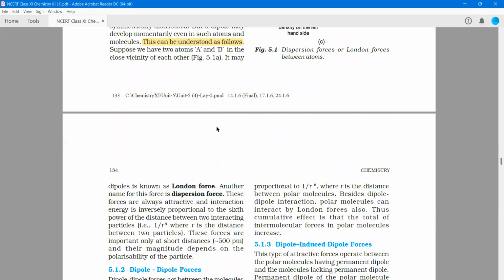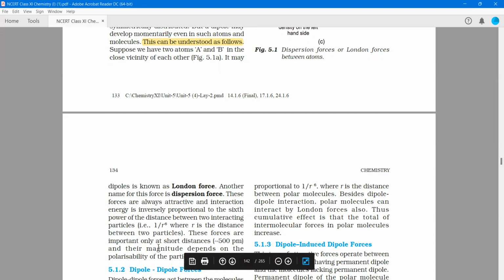These forces are always attractive, and the interaction energy is inversely proportional to the sixth power of the distance between the two interacting particles. So these forces depend highly on distance. To have London forces, or van der Waals forces, you have to have the atoms or molecules in close vicinity. If the atoms and molecules are far apart, then these forces don't exist.